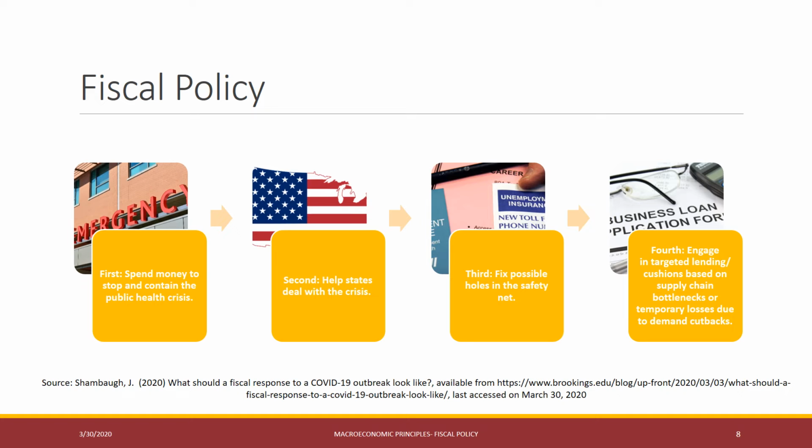Second, help the states to deal with the crisis. So help all the states to deal with the crisis. Third, fix the possible holes in the safety net. Last but not least, engage in targeted lending based on the supply chain bottlenecks or temporary losses due to demand cutbacks.